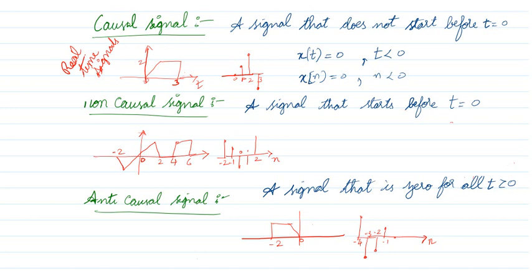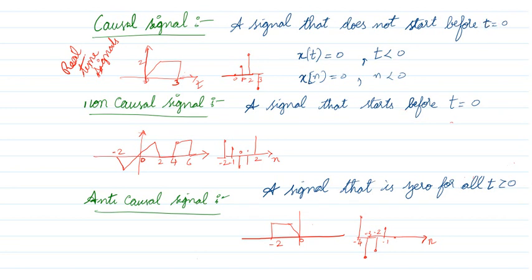The moment you install the fan, the lifetime of the fan starts. That is t equal to 0. If it runs for 1 year, the lifetime of this fan is 1 year. So the time is always positive. The signal that does not start before t equal to 0 is called a causal signal. So for less than 0, it is 0.